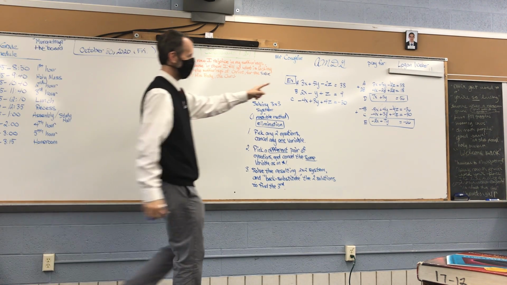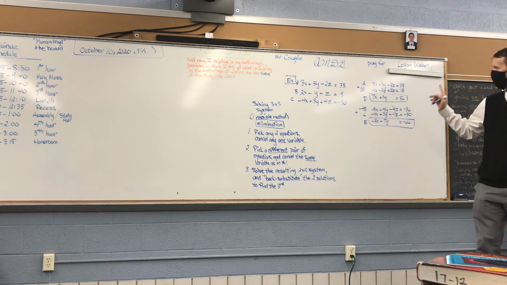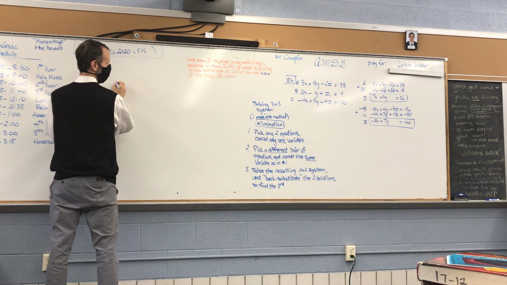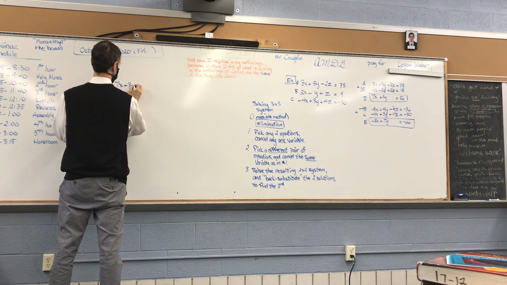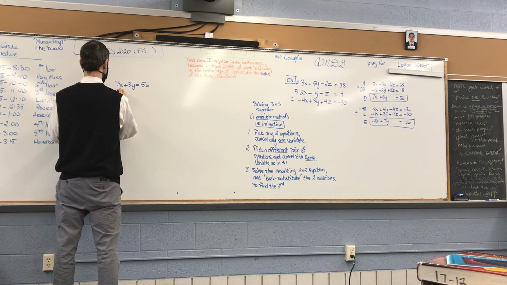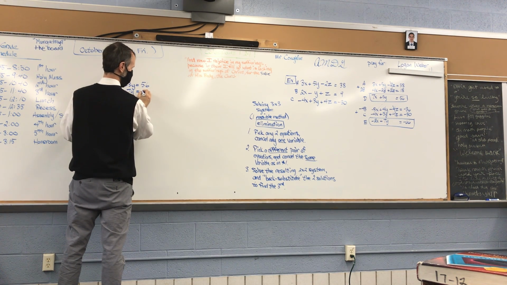But do you notice I have 2 equations with only 2 variables? Watch what happens if I write them on top of each other. 7x plus 3y equals 56, and negative 12x plus 7y equals negative 66.